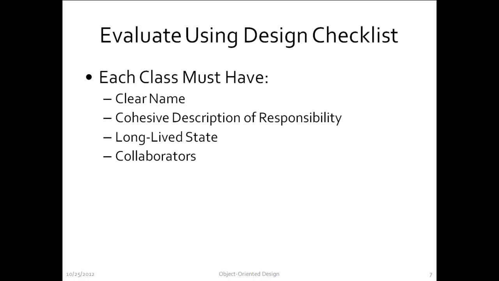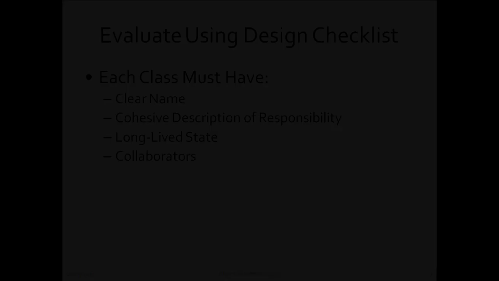The third thing, and this is the most important rule in this checklist, is that the class must have long-lived state. Essentially, this rule prevents what are called procedural classes from being created. Procedural classes are those classes that only implement actions. They don't manage any state or maintain any long-lived state. And then the fourth checklist item is a class should not be created in isolation. It should have collaborators.